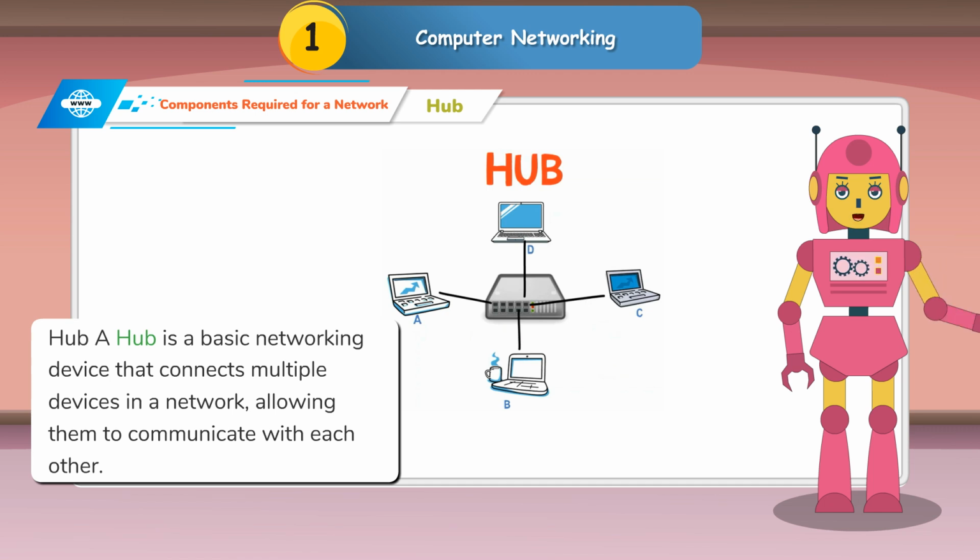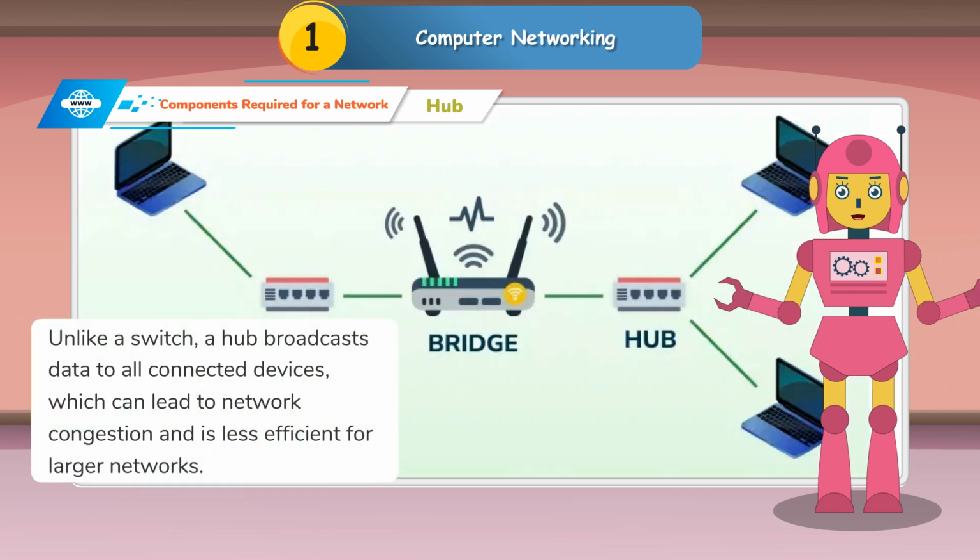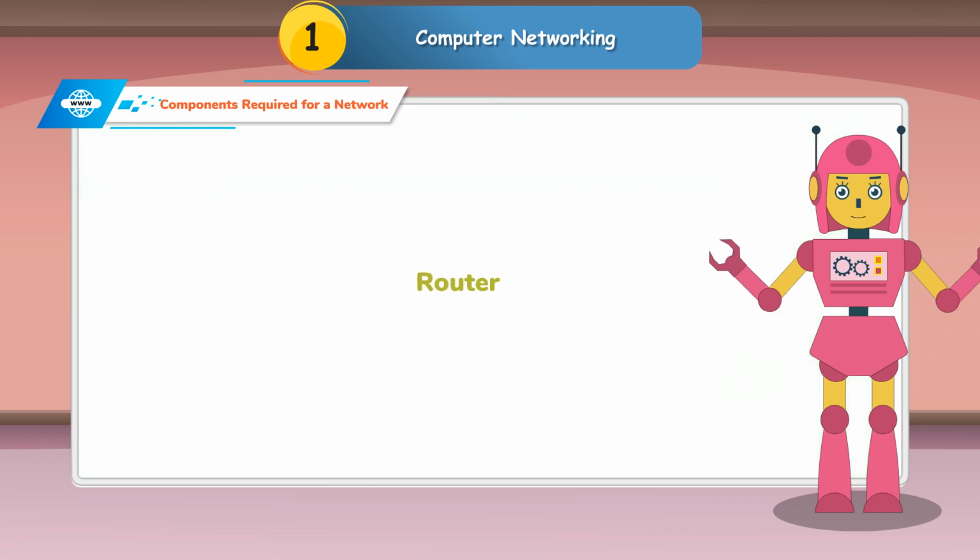A hub is a basic networking device that connects multiple devices in a network, allowing them to communicate with each other. Unlike a switch, a hub broadcasts data to all connected devices, which can lead to network congestion and is less efficient for larger networks.